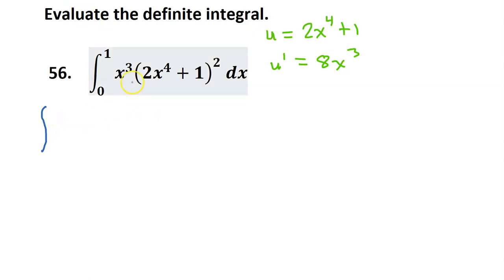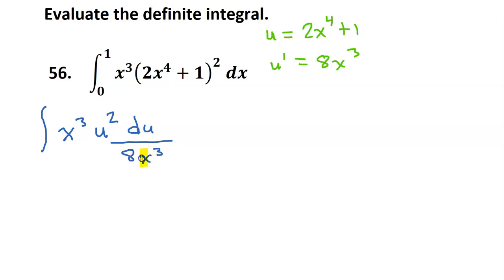So here we go. For now, we will have our x to the third power, but then we have u squared. I guess I don't need parentheses on this. So we have u squared. Instead of dx, we will write du divided by u prime, which is 8x to the third power.